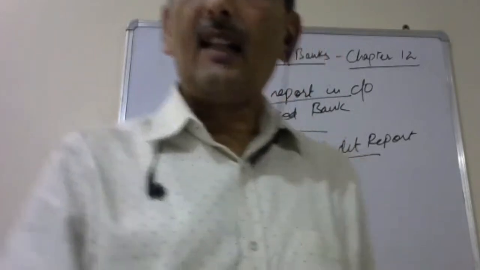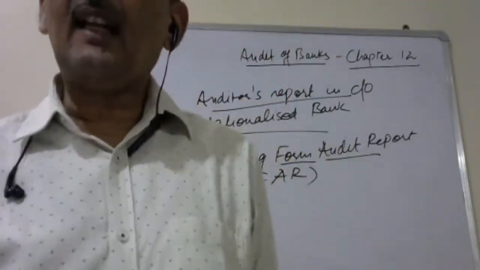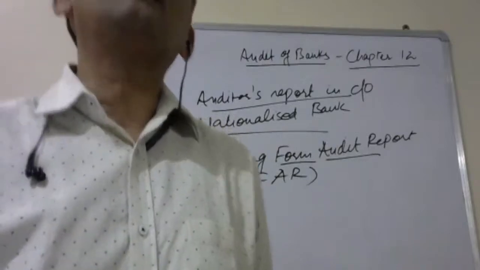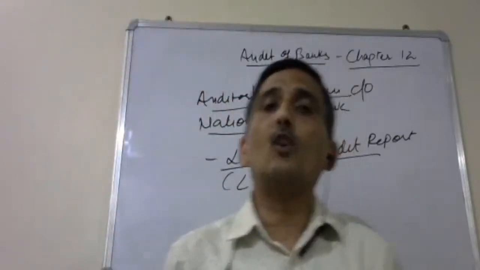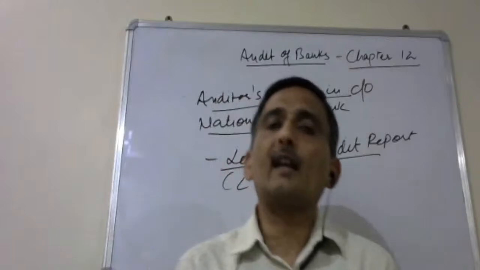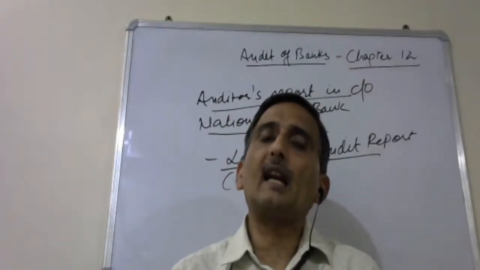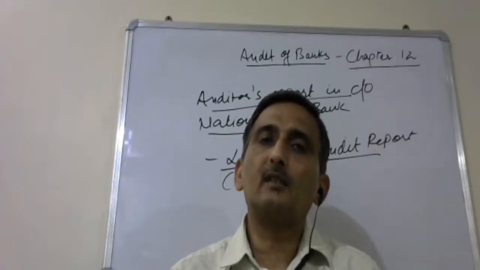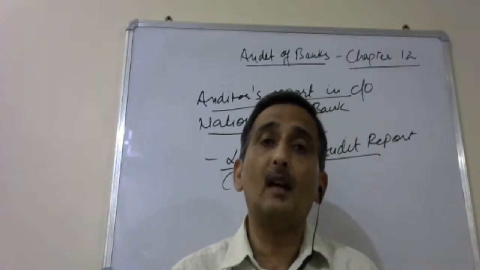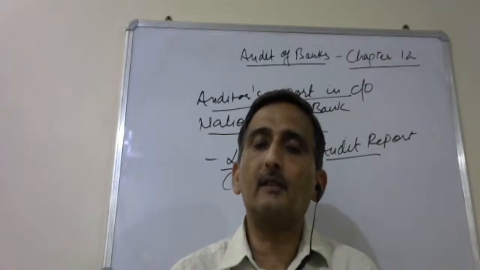And while conducting audit, the auditor has also to take into account previous year audit report, internal audit reports, or concurrent audit reports, or he can also see the latest inspection report being conducted, or some RBI inspection reports.